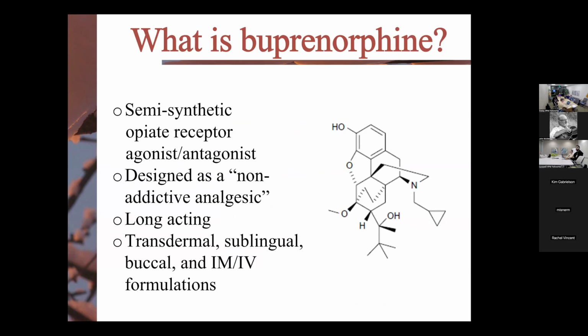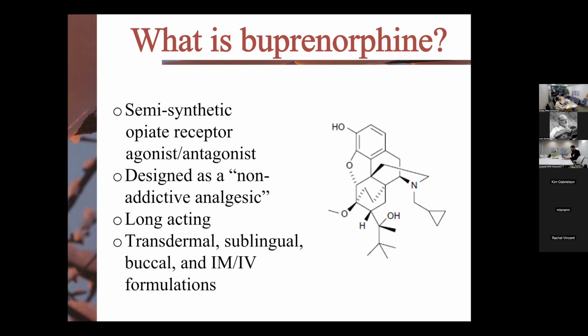So let's start off by talking about what is buprenorphine. What is this chemical that we want to be using? First of all, it is semi-synthetic. It comes from a derivative of the poppy plant. And it's an agonist and antagonist, which we'll get into what that really means in a few slides. It was designed specifically to be a non-addictive analgesic.